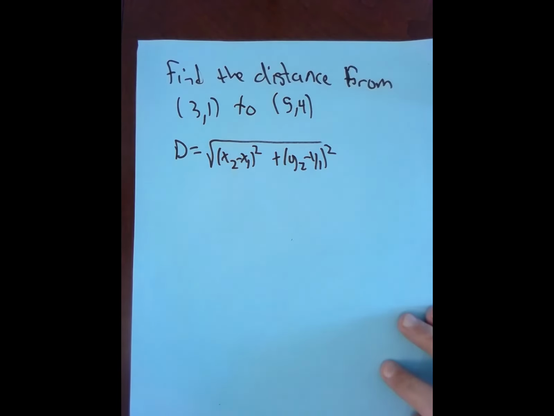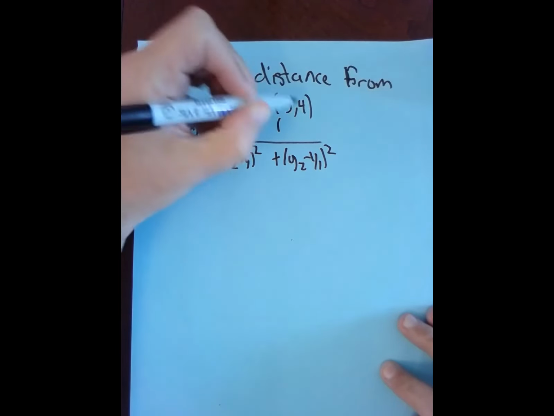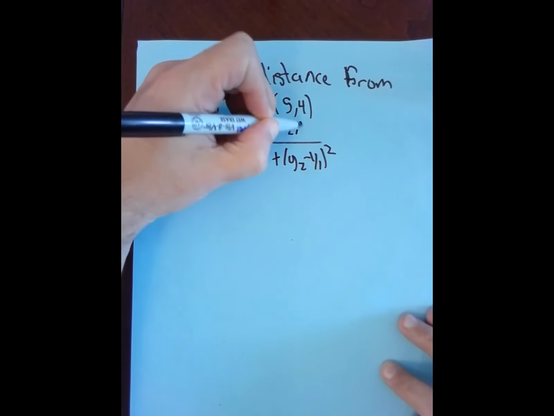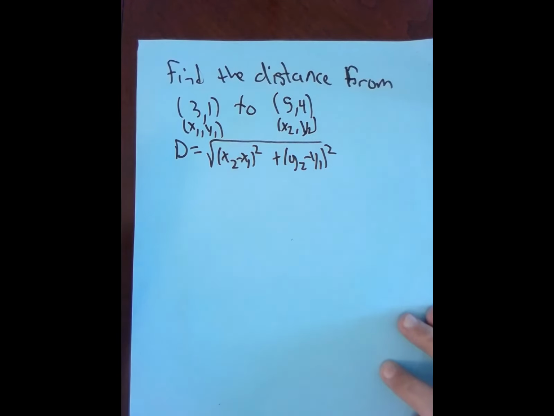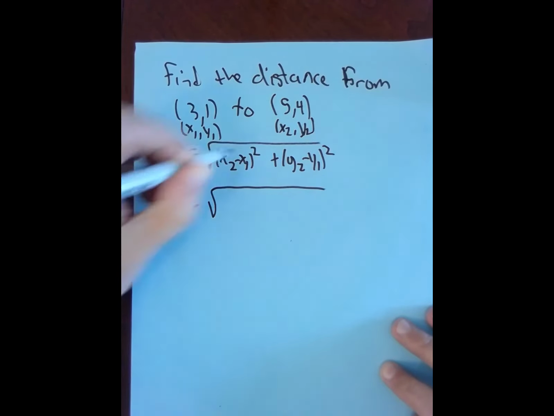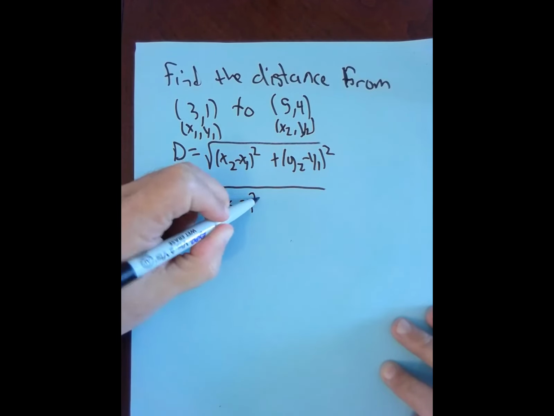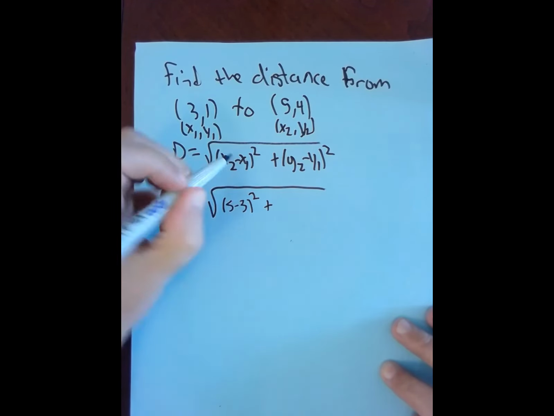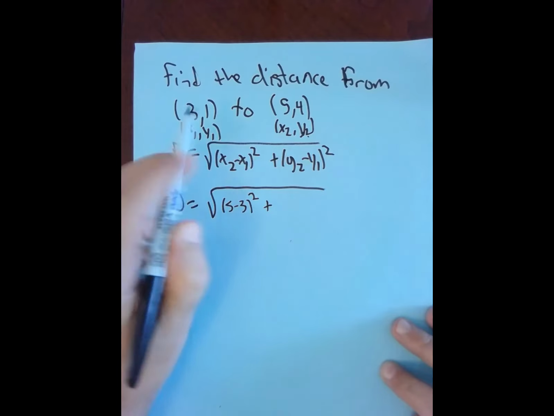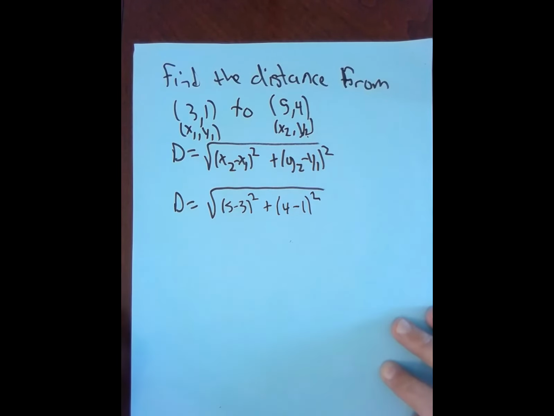I'm going to kind of arbitrarily here call this point point number 1, call 5, 4 point number 2, and just plug everything in. The distance will be x2 minus x1, 5 minus 3 squared, plus y2 minus y1, 4 minus 1 squared.